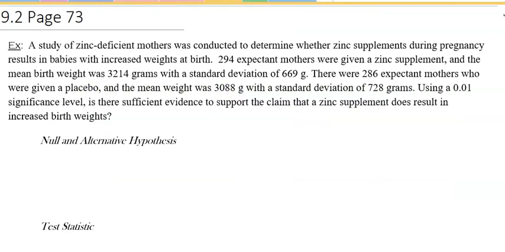A study of zinc deficient mothers was conducted to determine whether zinc supplements during pregnancy result in babies with increased weight at birth. 294 expectant mothers were given a zinc supplement, that's n1, and the mean birth weight for the first batch of kids was 3,214 grams with a standard deviation of 669 grams.